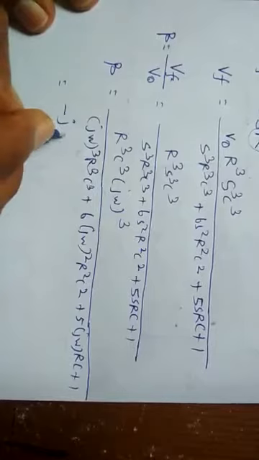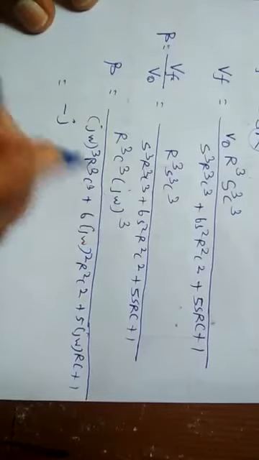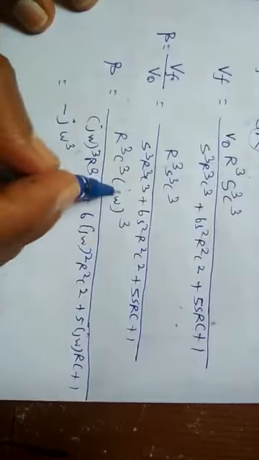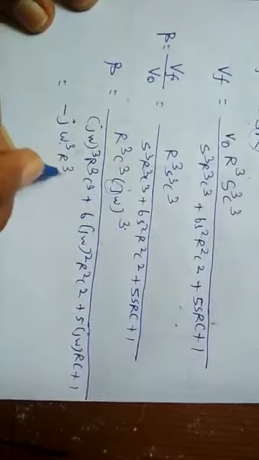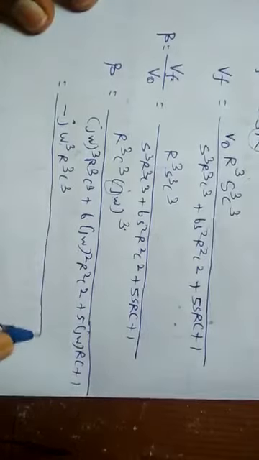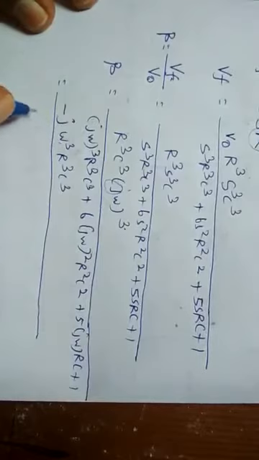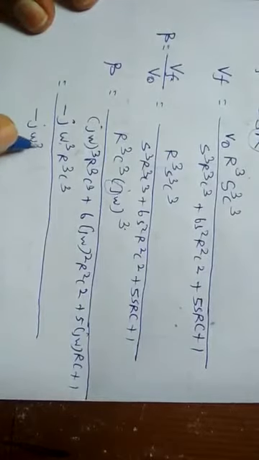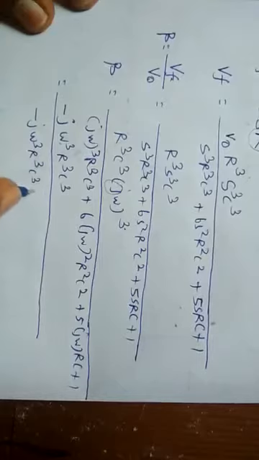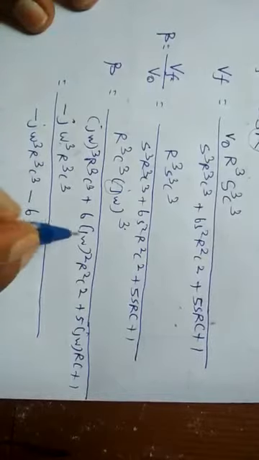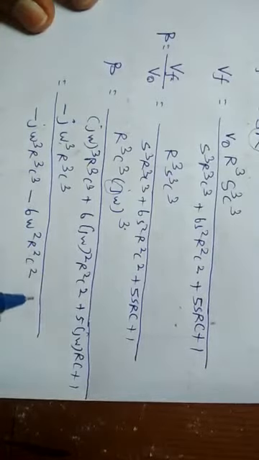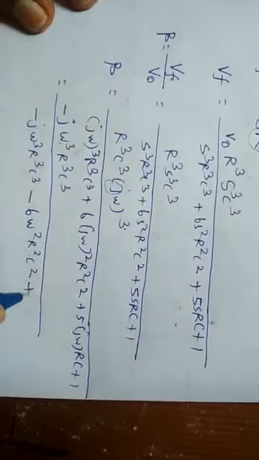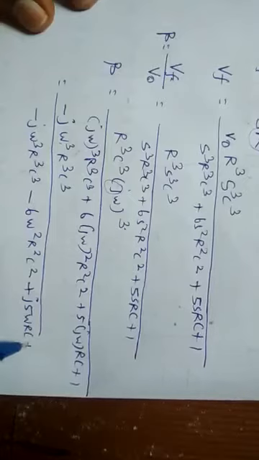So for j cube it is minus j omega cube R cube C cube divided by, here also minus j omega cube R cube C cube minus 6, j squared is minus 1, so omega squared R squared C squared plus j into 5 omega RC plus 1.